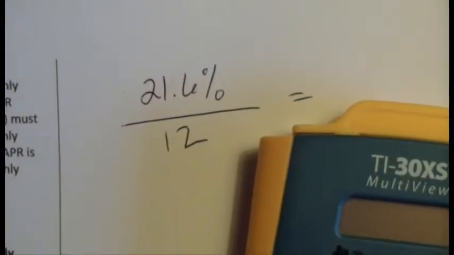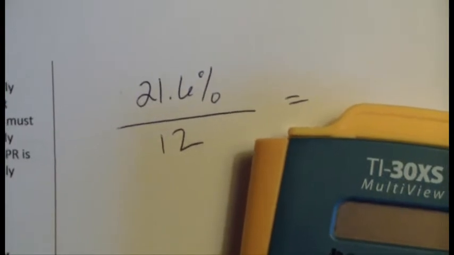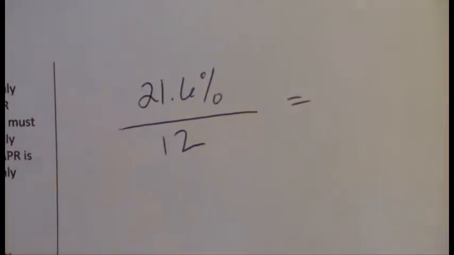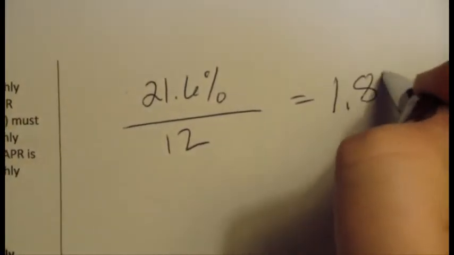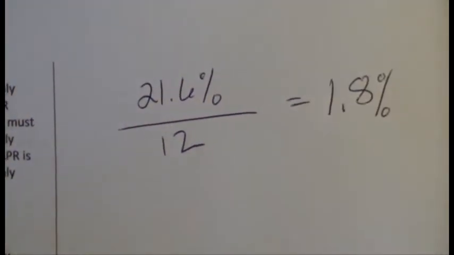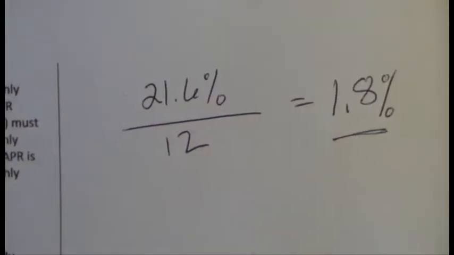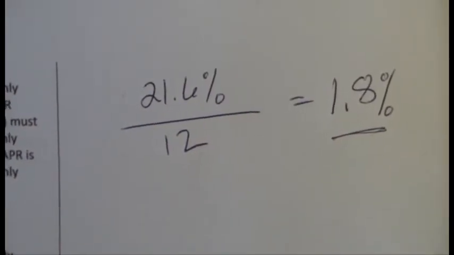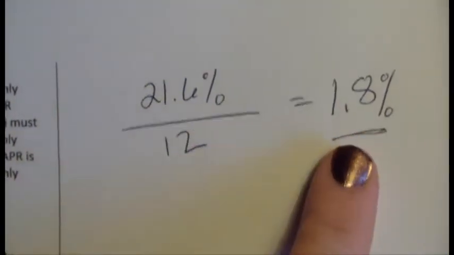And that gives us 1.8%. So when it comes to calculating finance charges, this is the percentage we use. You do not use the APR, you use the monthly rate.